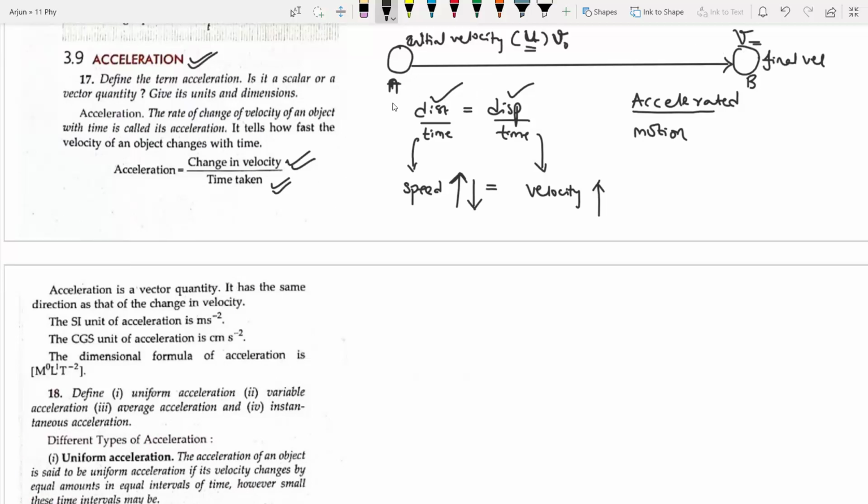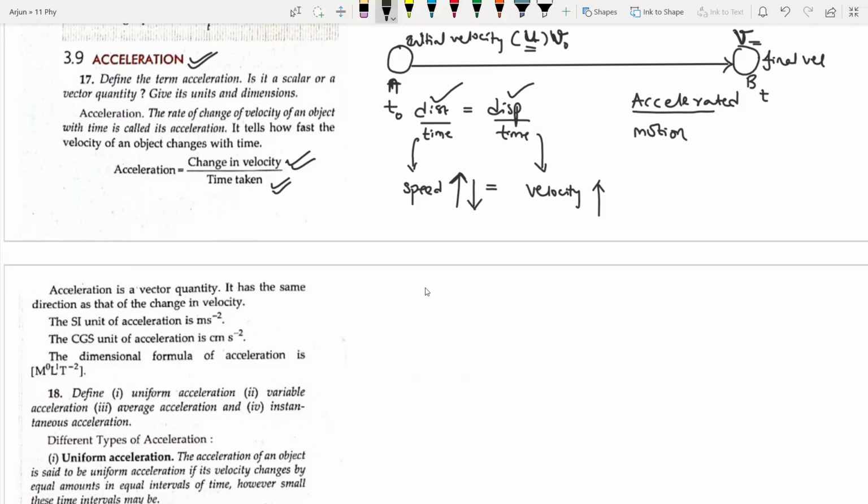At the initial point, the body has time t naught and velocity v naught. At the final point, the body takes time t to reach and arrives with the final velocity v. Now, acceleration is nothing but change in velocity by time taken.